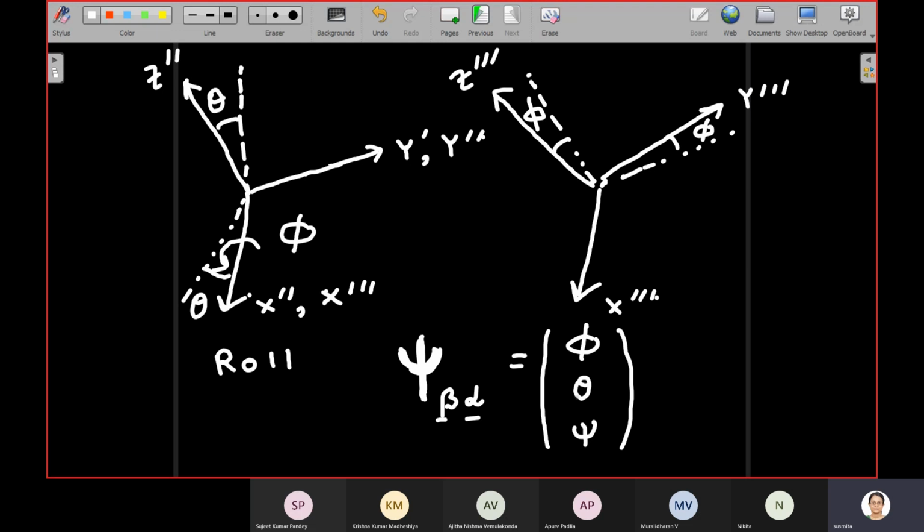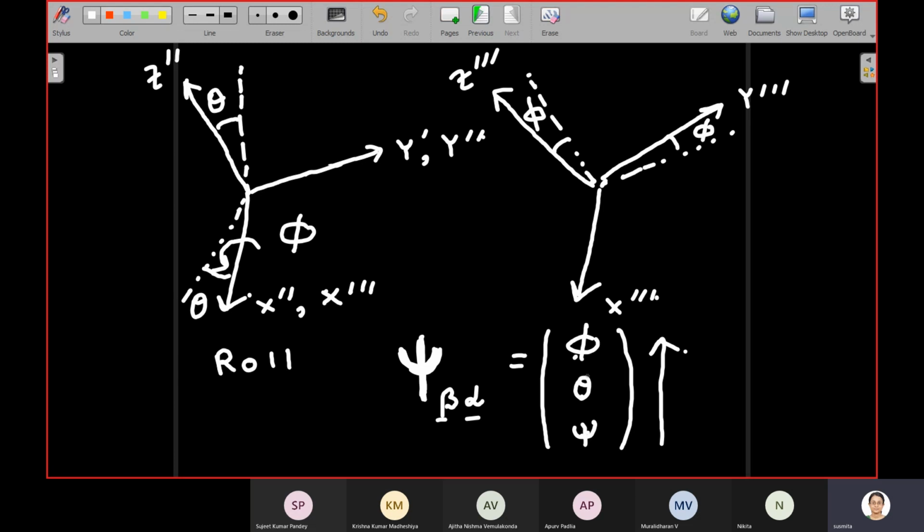It does not. Rather, psi was applied first, then theta, and then phi. So we go in this direction. This was the first rotation applied, this was the second one, and this was the third rotation. Psi, theta, and phi. This is why we say 3 to 1 sequence. So as per 3 to 1 sequence, first is the yaw rotation, then pitch rotation, and then roll rotation.